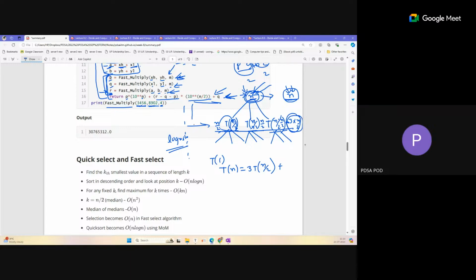So here we are getting different operations at each level: here n, here 3n/2. At the next level you will get 9n/4, because you have a total of 9 calls and your size becomes n/4.